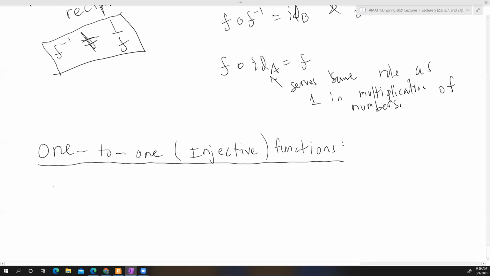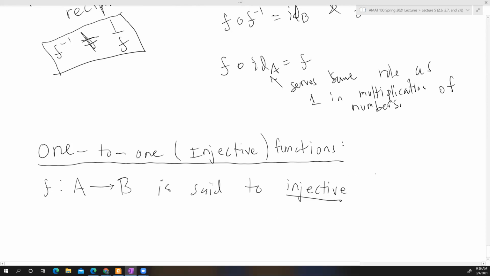So let me just write down the definition. We have a function from A to B. A is the domain, as usual, and B is the codomain. So a function from A to B is said to be, I'm just going to say injective, just because I don't feel like writing one-to-one.